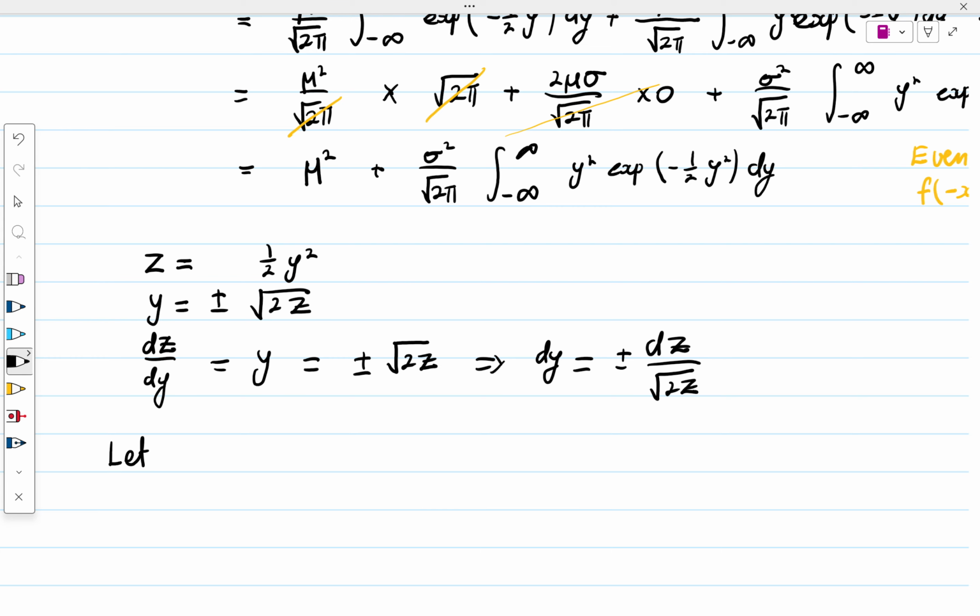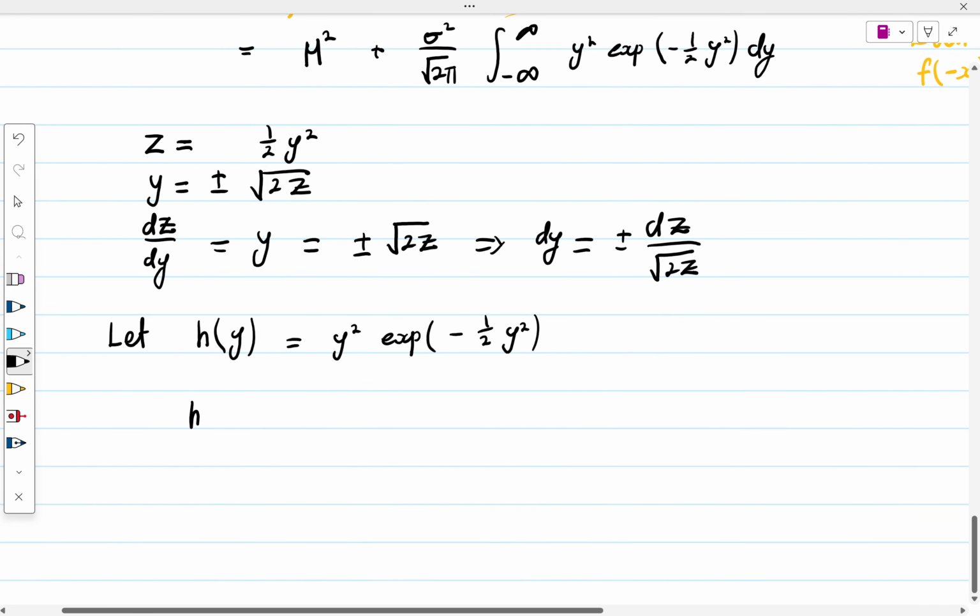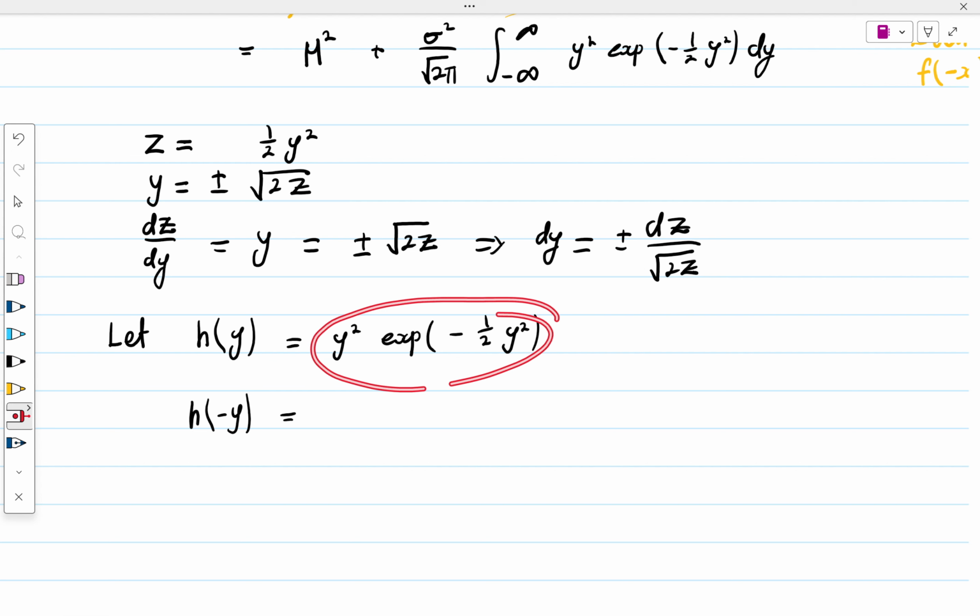So let h of y equal y squared exp of negative a half y squared. Then h of negative y would be, well, now wherever we see a y in this expression, we need to substitute a negative y.